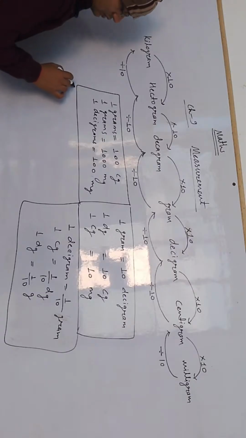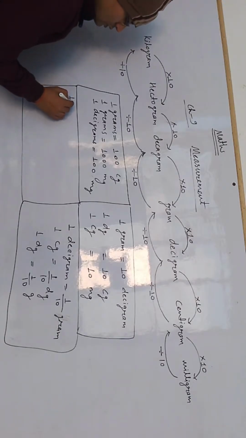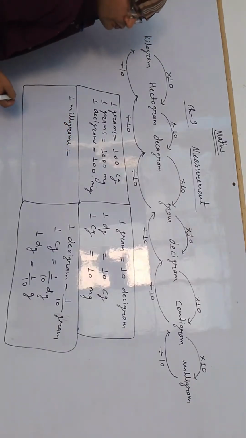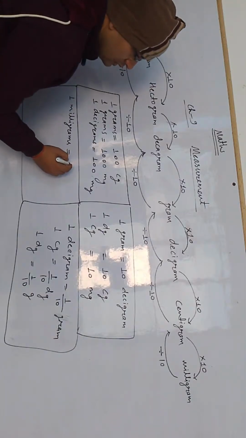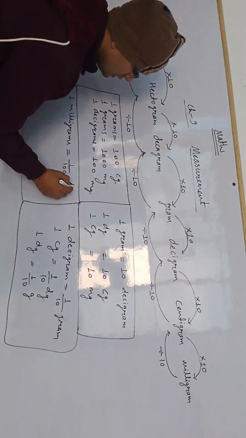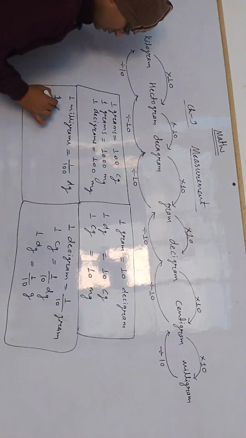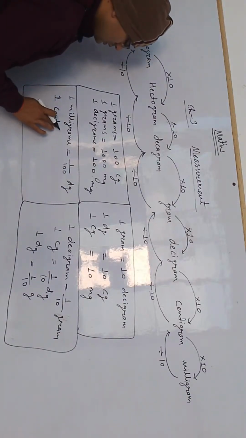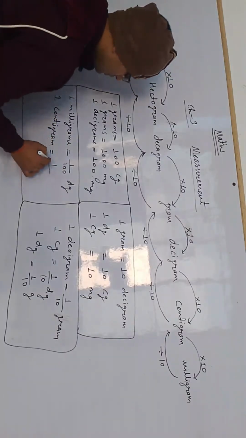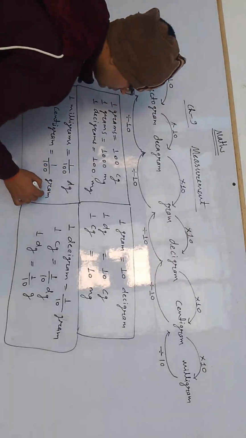And 1 milligram is equal to 1 upon 100 decigram, and 1 centigram is equal to 1 upon 100 gram.